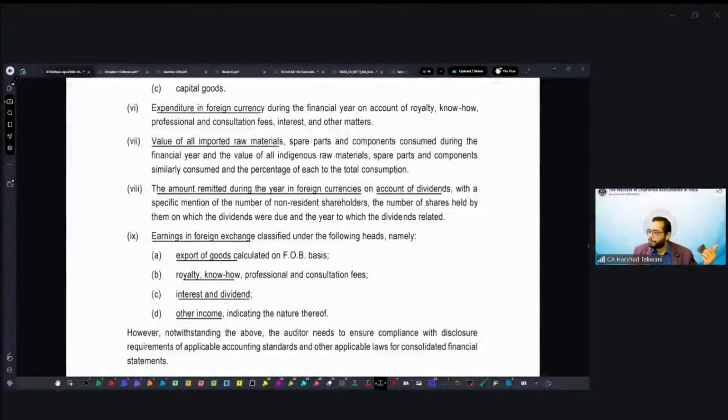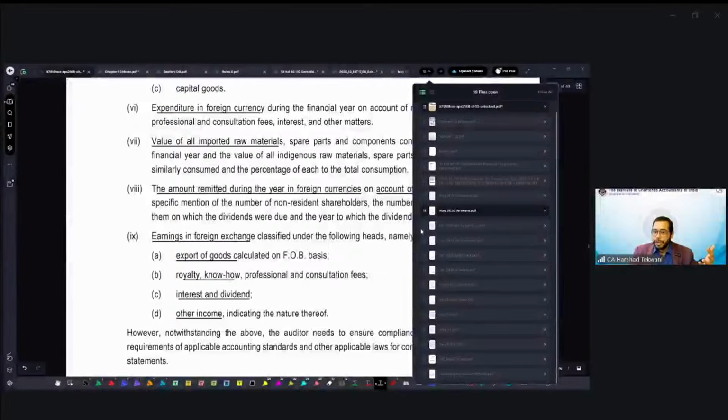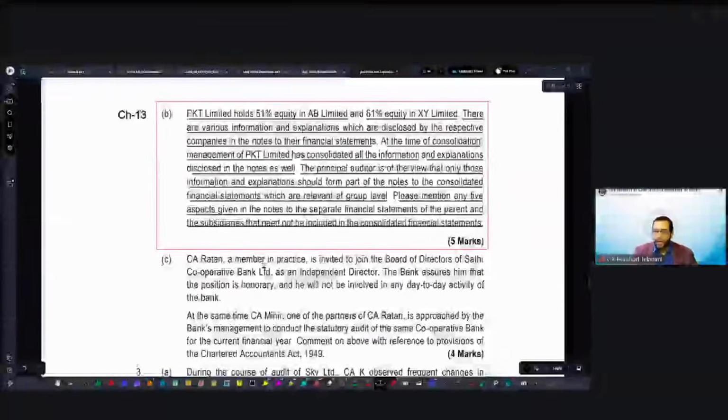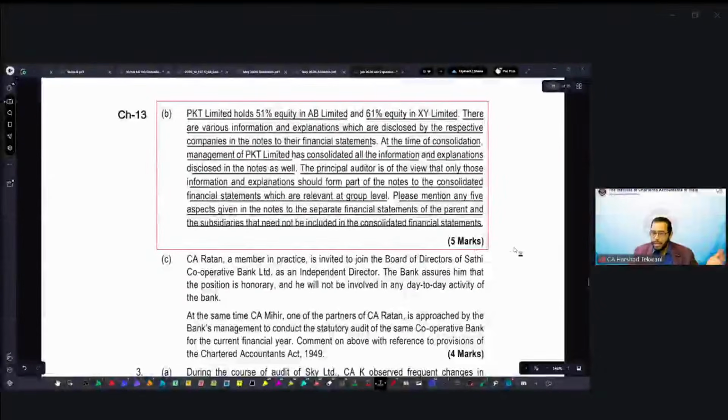So these are certain items that, as management, you are not required to include in the consolidated financial statements, and as an auditor you need to verify this. That was our question: which any 5 items are not required to be included. There is a list which is already given, so accordingly you can provide the answer.